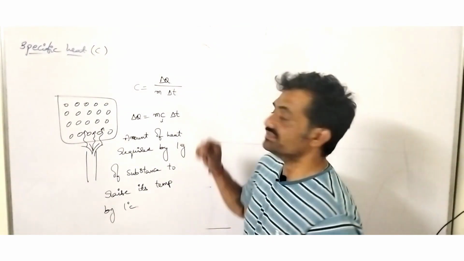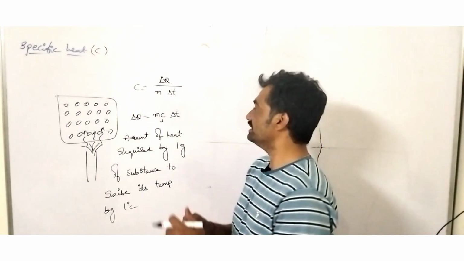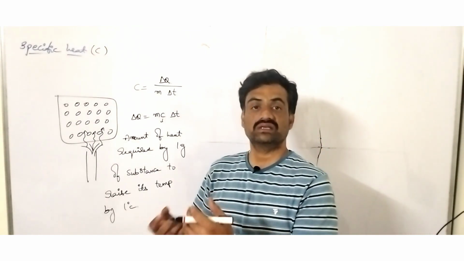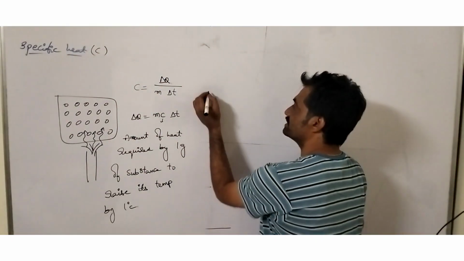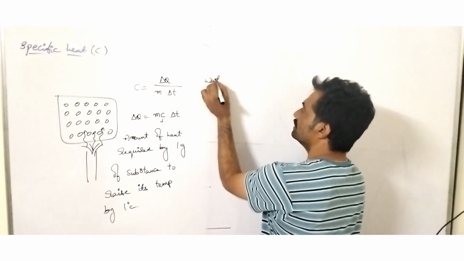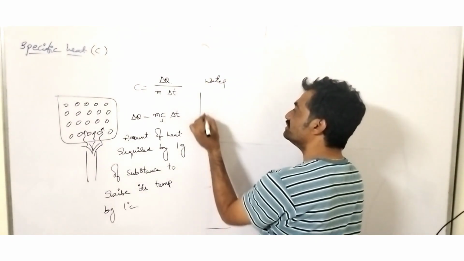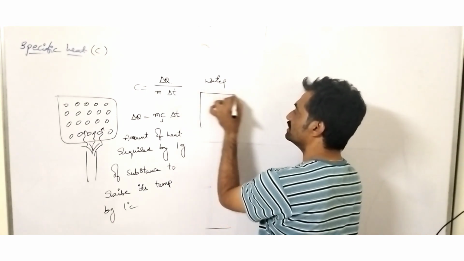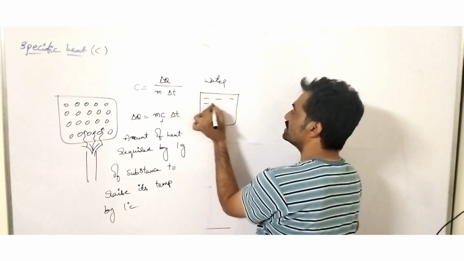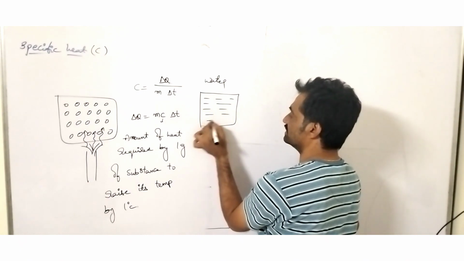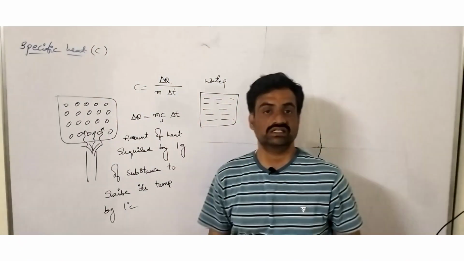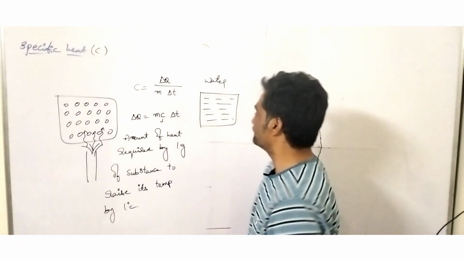So here the specific heat is considered when the same system remains. Means if you consider water, when the heat is given to the water molecules such that its temperature rises, then we can represent it as a specific heat.